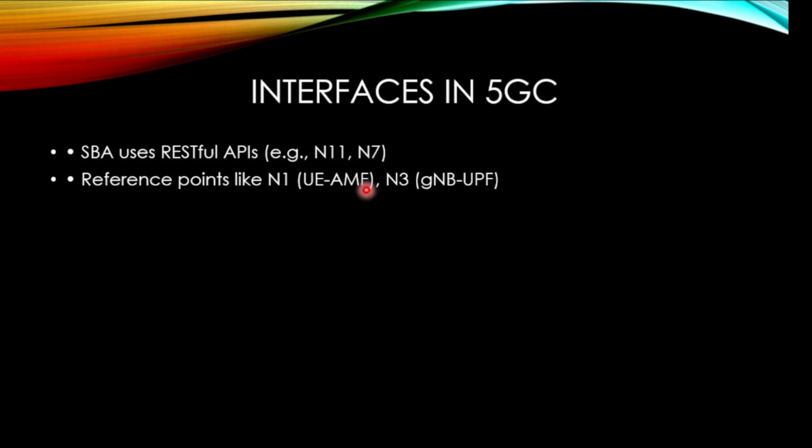That's why you have different interface names. For each interface, you can say there's a different protocol or different policy or data being transmitted between these two network functions, where the protocol is living and carrying data among them.